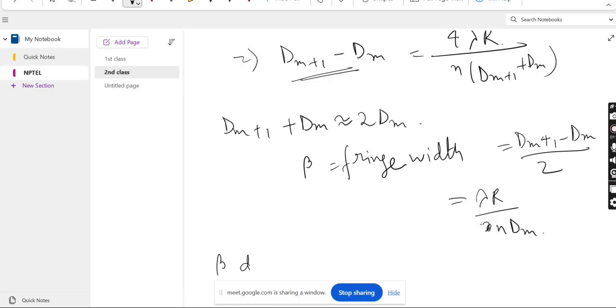So beta decreases as diameter increases.